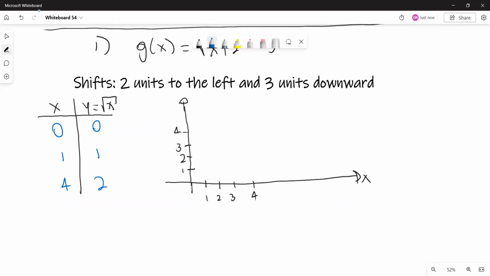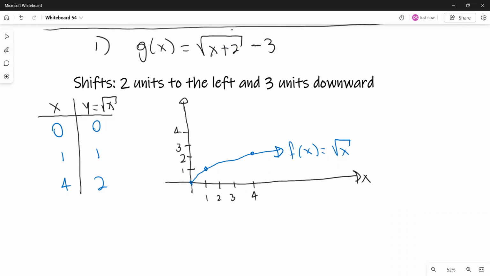Okay, so that's the graph of the square root function. Now the new function is the square root of x plus 2 minus 3.